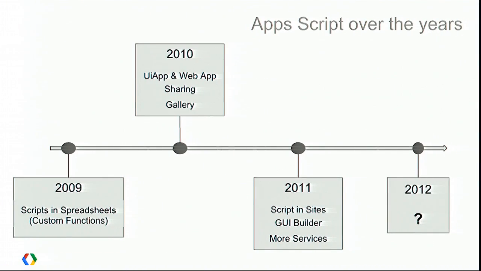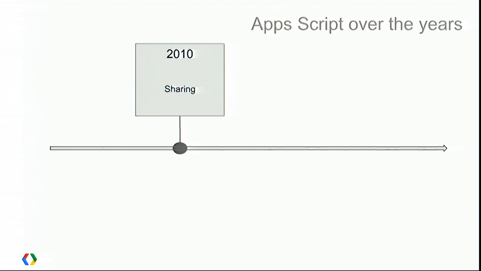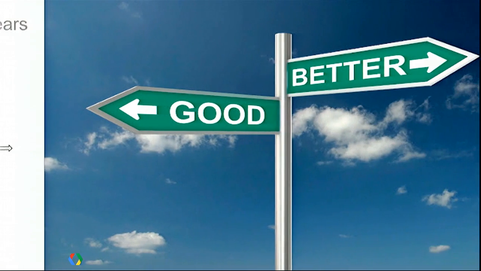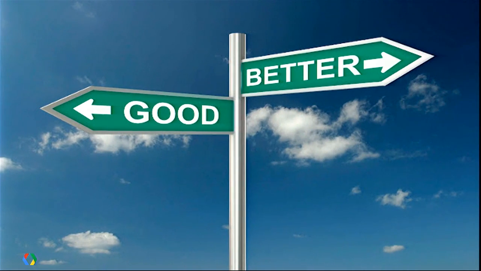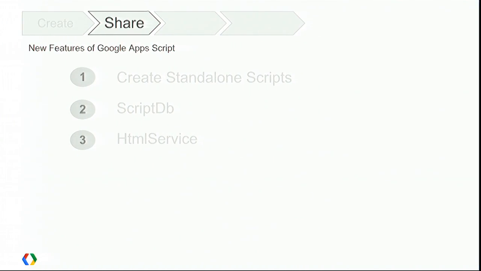So let's go back to our history again. We had some sort of sharing in scripts, like you can create a script in a spreadsheet and you can allow editors to collaborate on your script and things like that. Again, that was pretty good, but we want to do better. And that better is just a plain, simple way of sharing scripts.